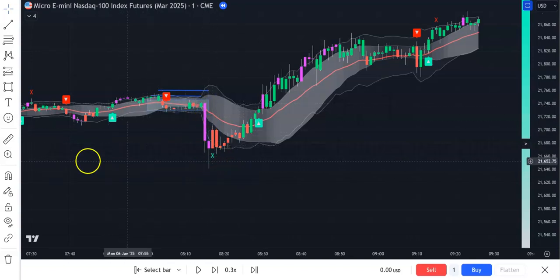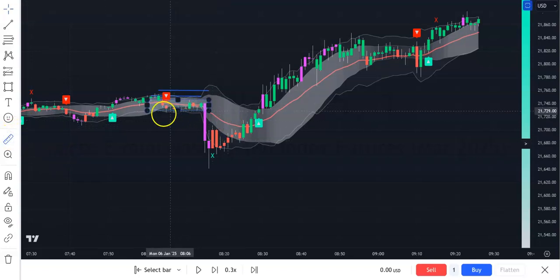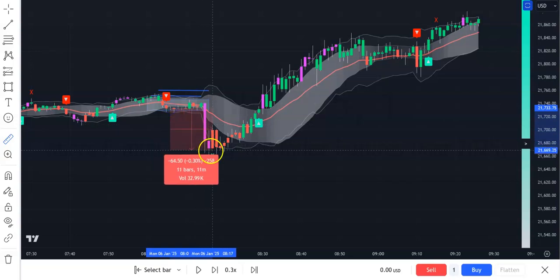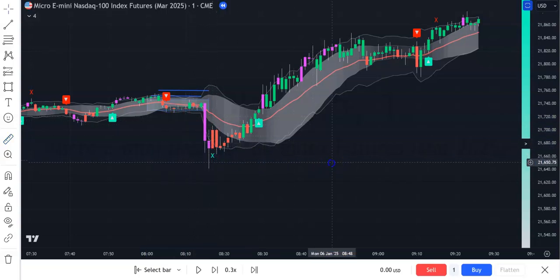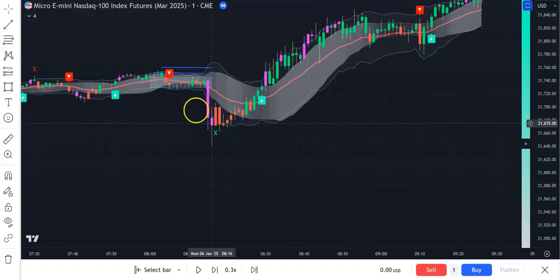That trade, you would have got in at this candle. That would have been a 60-point trade in like 10 minutes. Now remember, when you get that X, if you're short, you'll get a green X. That is your take profit signal.